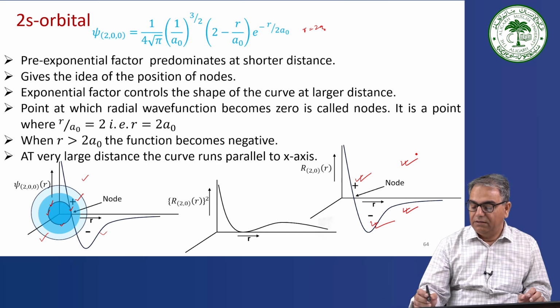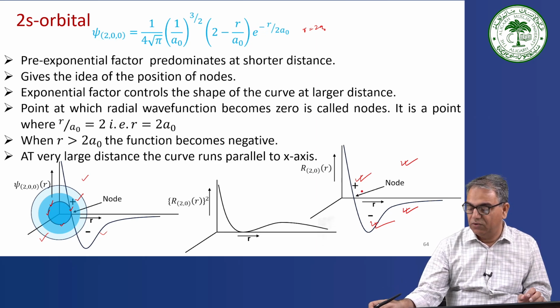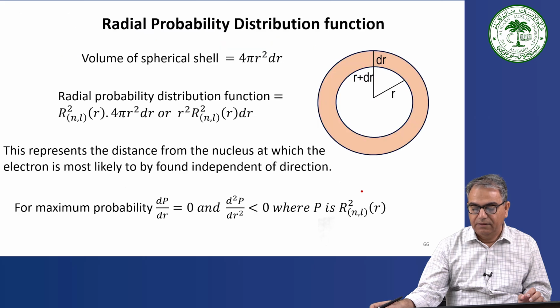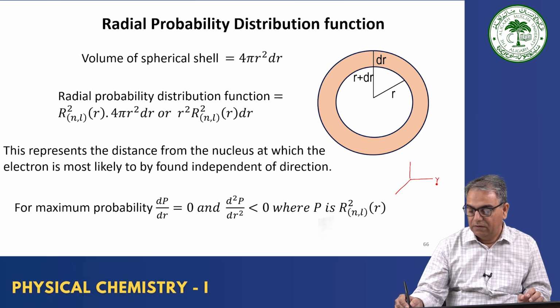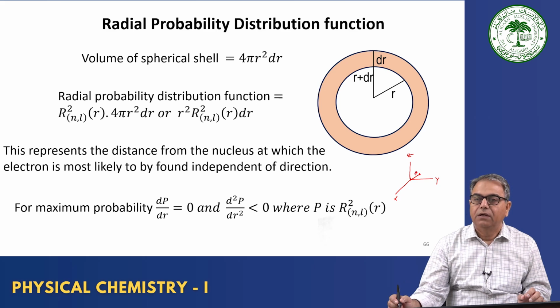Okay, then radius. If you have polar coordinates like this one, and suppose you are looking at a particular distance r from the origin, then this r distance is not in one direction.